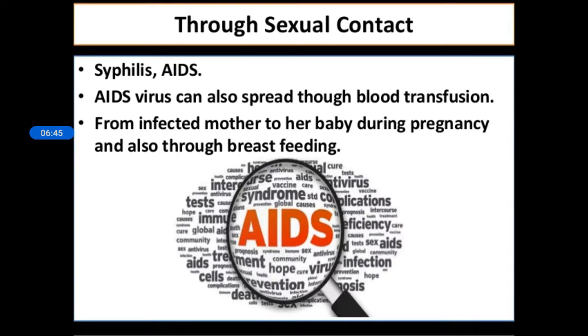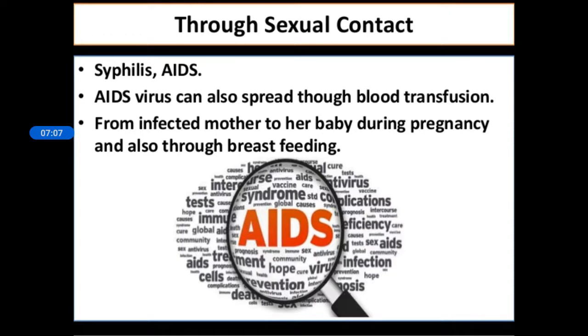The second one, infected mother to baby during pregnancy, and also from infected mother to baby through breastfeeding, and also transmission of blood from one infected person to a healthy person.